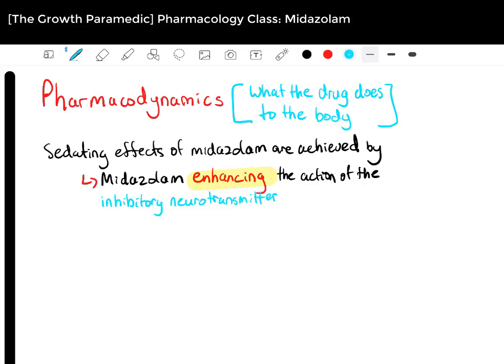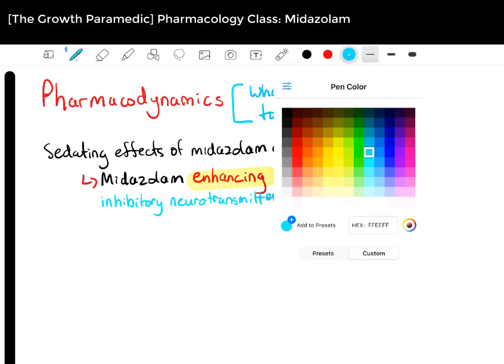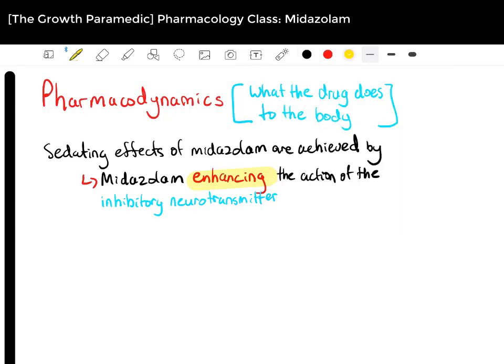And this inhibitory neurotransmitter is known as the gamma aminobutyric acid.